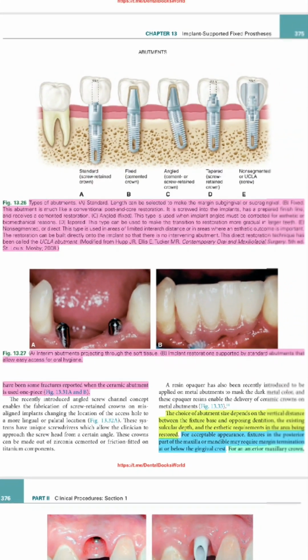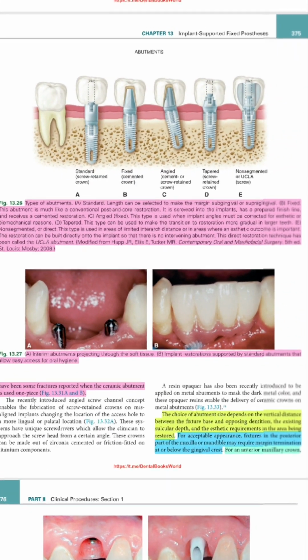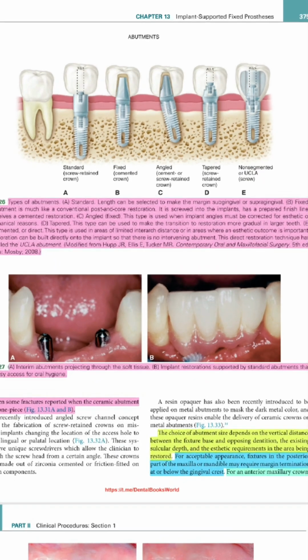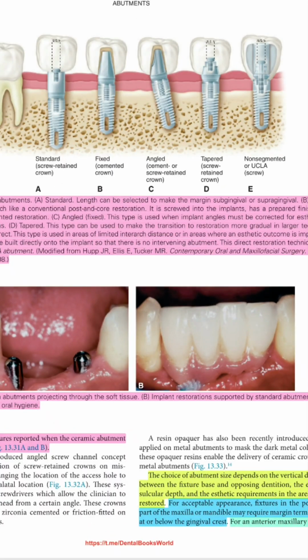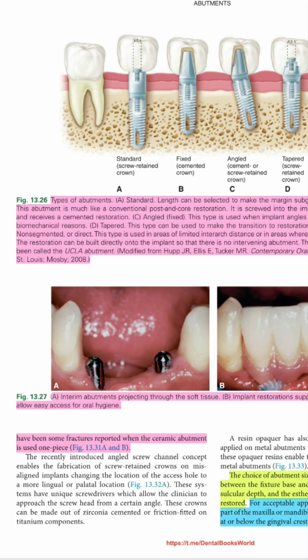Let's see what are the types of the abutments. We have the standard one, whose length is selected to make the margin either subgingival or supragingival. As for the fixed cemented crown, it is much like a conventional post and core restoration.